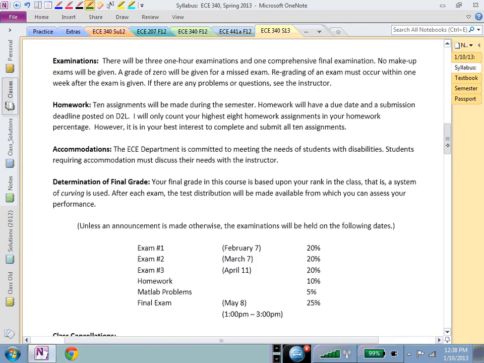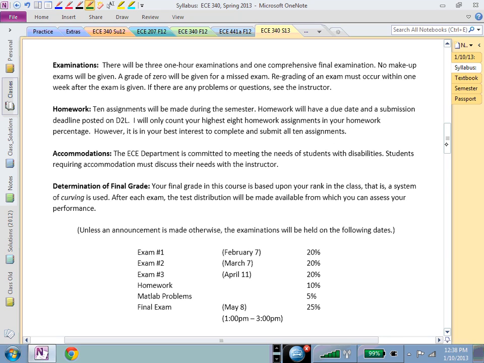In terms of grade, I was struggling with this all over break. I know break wasn't that long, but I was still struggling with it. How do I do homework? So I've changed it up a little bit. I will make 10 homework assignments, but I'm only going to count your top 8 scores, your highest 8. If it turns out that you didn't do so well on one, or you can't get that one turned in, 1 or 2 won't hurt you.